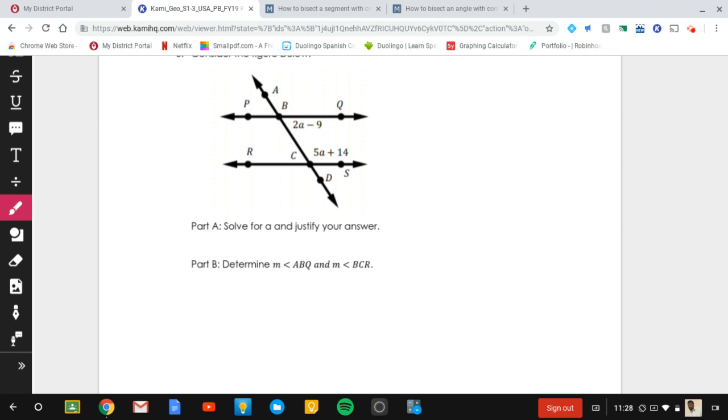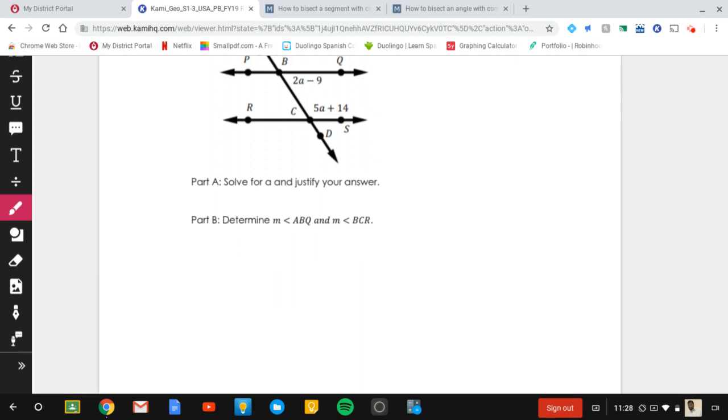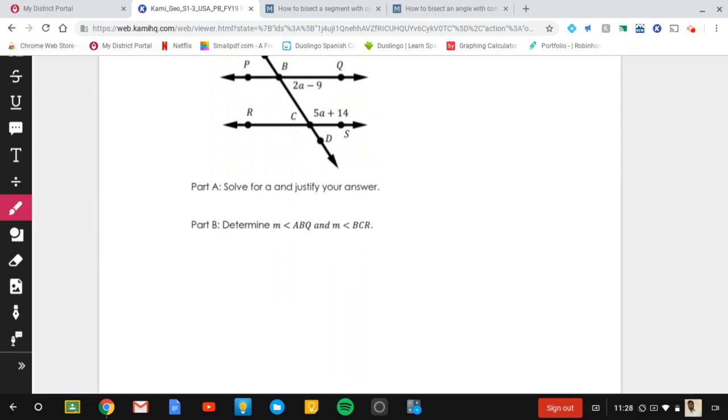Are they vertical angles? Alternate interior angles? Alternate exterior angles? Corresponding angles? A linear pair? Whatever it is, we need to know what it is. So here we have same side interior angles, and we know that same side interior angles always add up to 180 degrees.